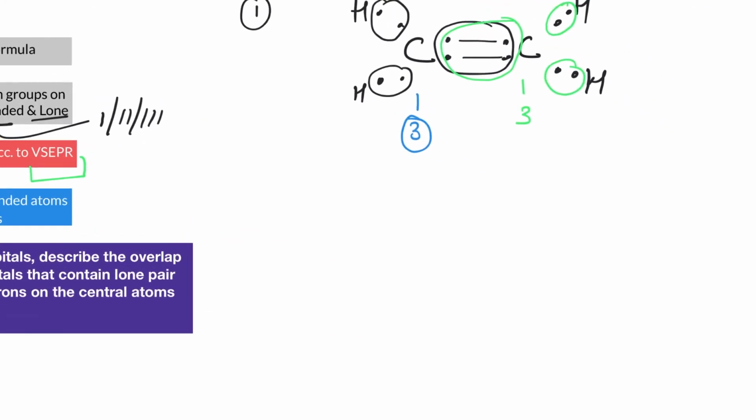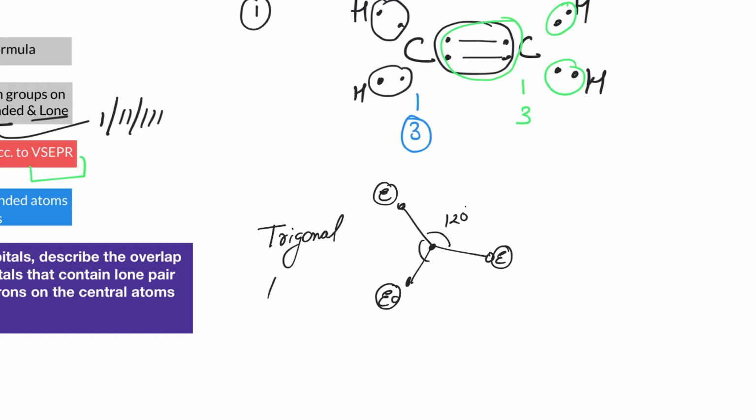Since the electron groups are 3, that means they have to be 120 degrees away from each other. So if that's the central atom, this is where the electron groups are situated, at 120 degrees apart from each other, and that is trigonal planar, in the same plane. Now that is applicable to both the carbons.